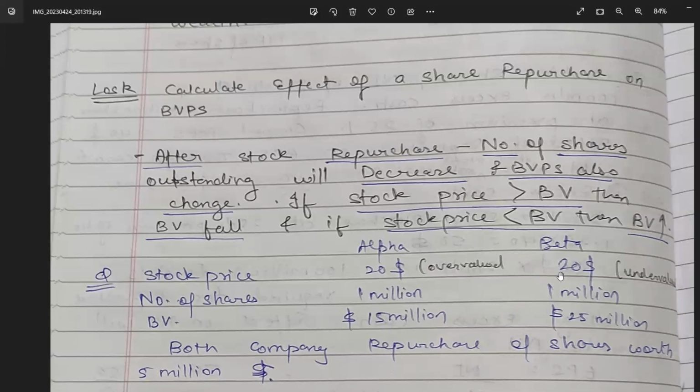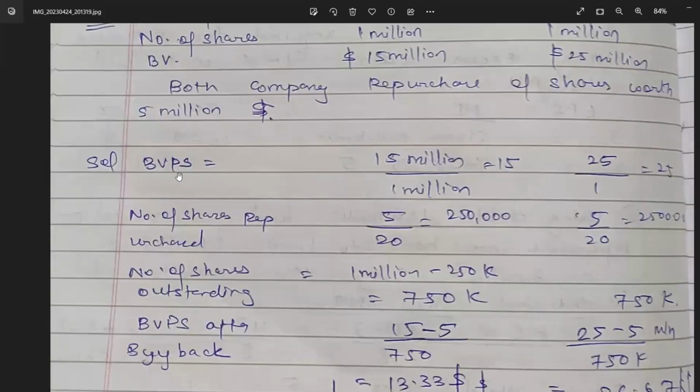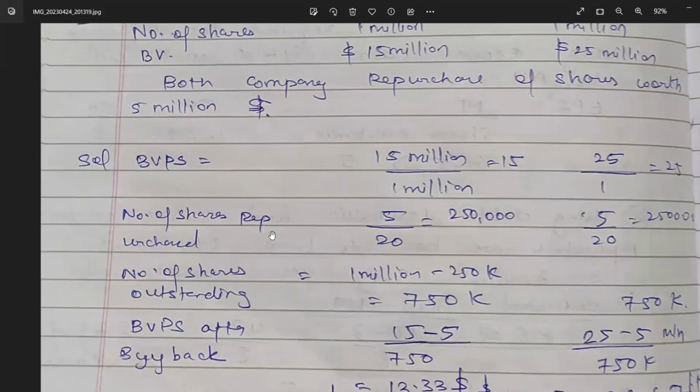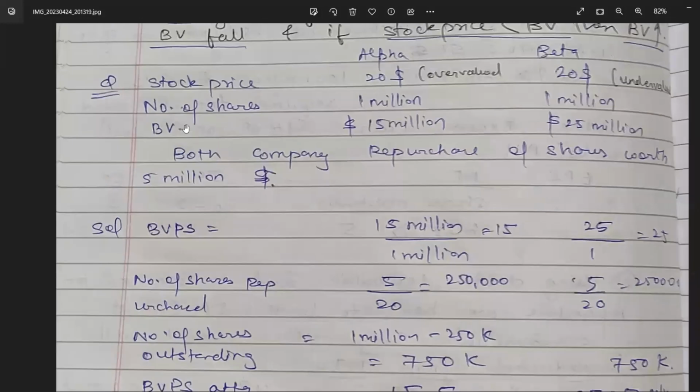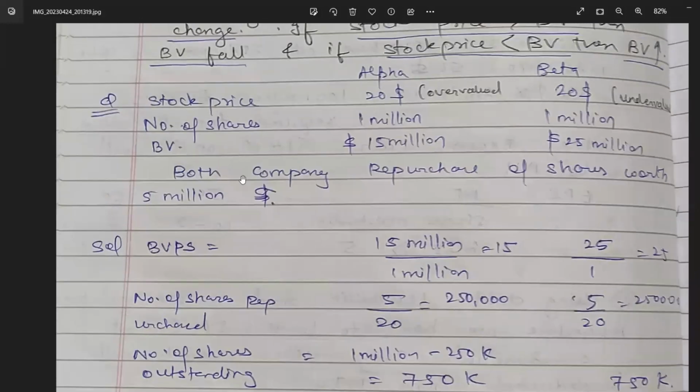And here the Beta stock price is $20, which is undervalued. The true value is $25. So here we calculate book value per share, $15 and $25, and the number of shares repurchased. Both companies repurchase shares worth 5 million.